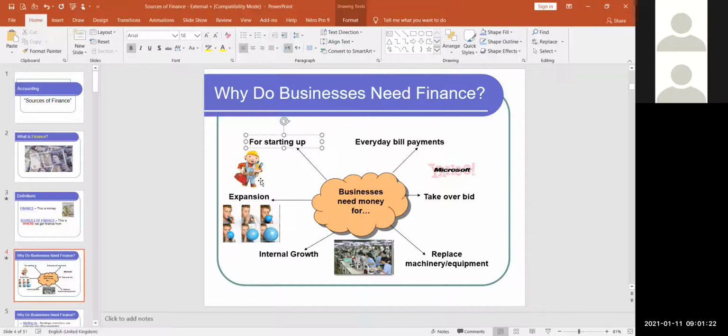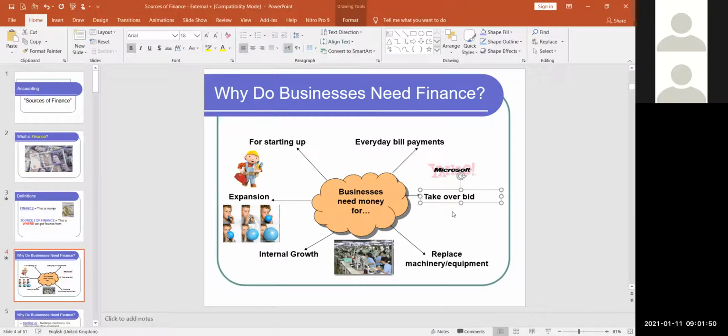We need to buy land. We need to buy some equipment. We need to provide some decorations for the business headquarters and so on, right? The second is that we need to pay for the everyday bill payments, electricity, water, supplies, and so on, right?